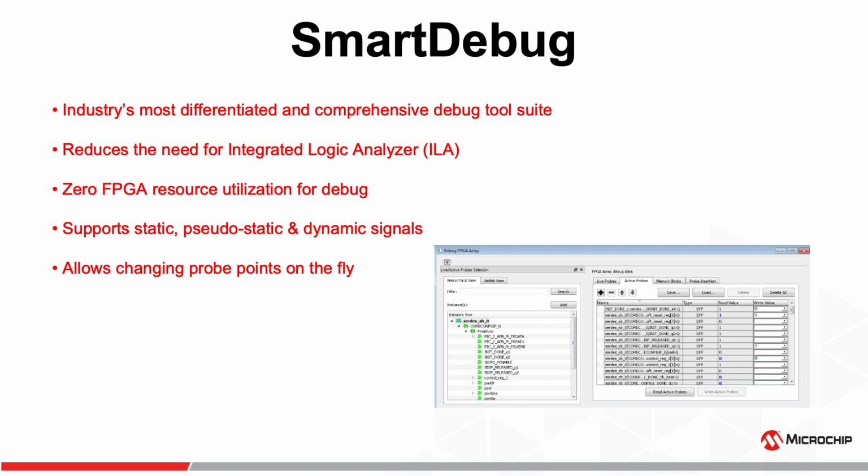And you can change the probe points on the fly without recompiling the entire design. So you are saving your time because you're not recompiling the design, and you are saving resources for your design because you don't need FPGA resources to debug it.